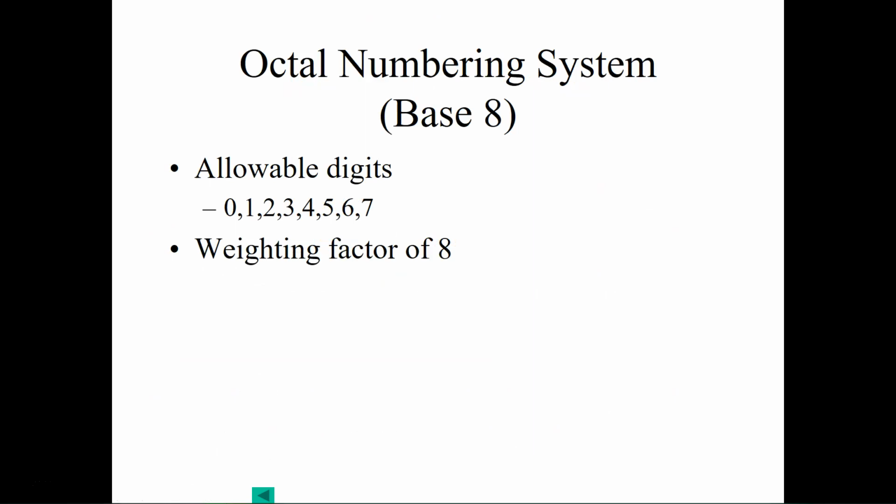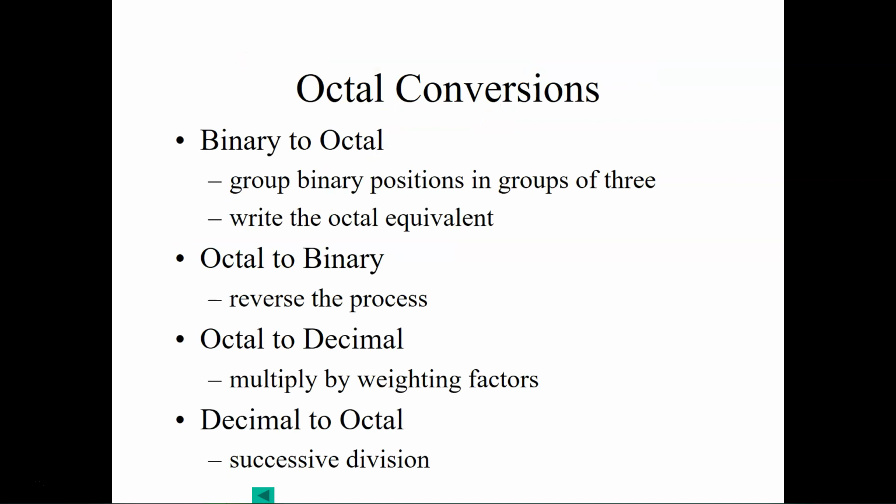Octal numbering systems. This allows digits to run between 0 to 7 with a weighting factor of 8. Again, this goes back to what I've been talking about this whole time. It only has weights that we allow them to have. We can convert binary to octal by grouping bits in groups of 3 to get the octal equivalent.